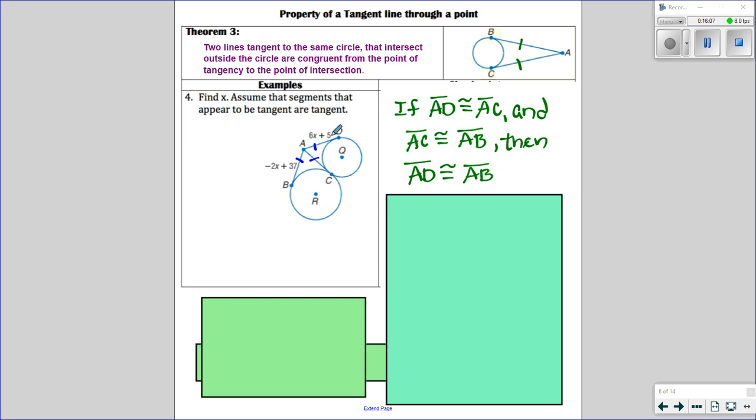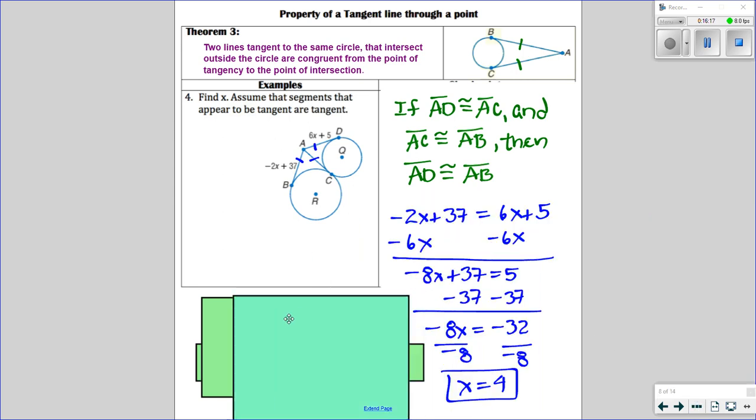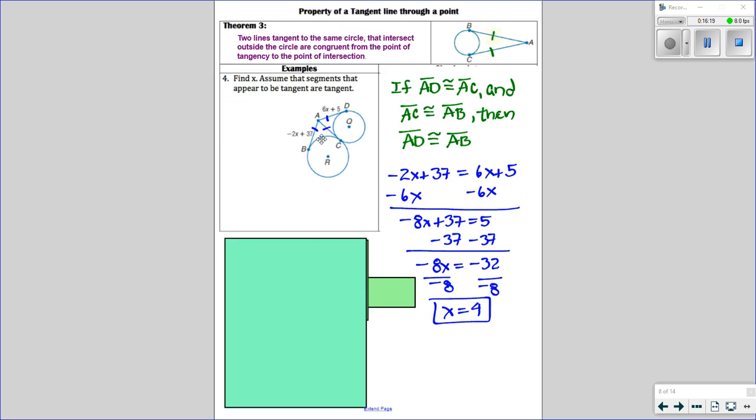If those two tangent segments are congruent to each other, then you can set the expressions that are given for those tangent segments equal to each other. Set it up, solve, and you find x to be 4. And there you have it.